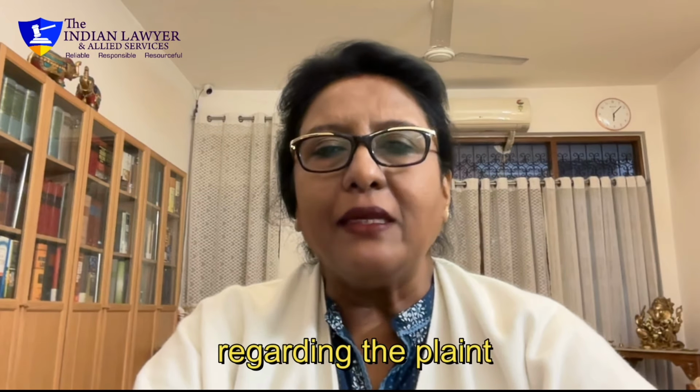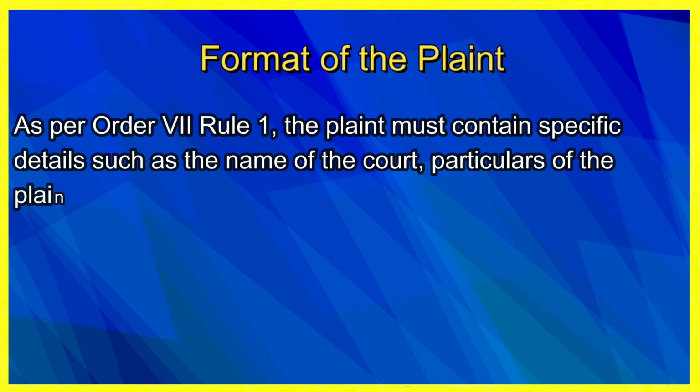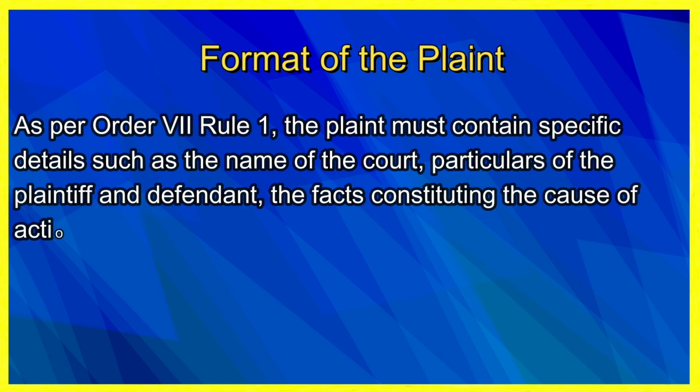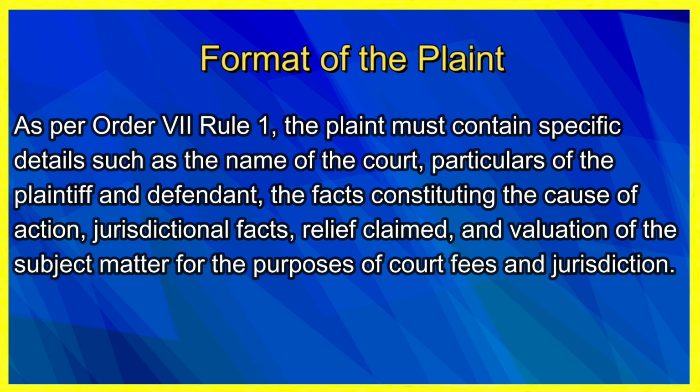Now, regarding the plaint, as already explained earlier, it must contain specific details. It should also have details such as the name of the court, particulars of the plaintiff, the defendant, the facts that constitute the cause of action, jurisdictional facts, relief claimed, and of course, valuation of the suit so that the court fees can be determined.